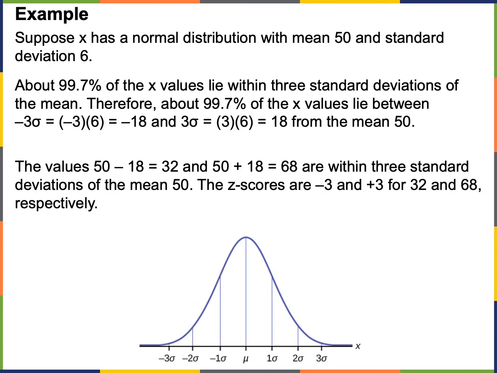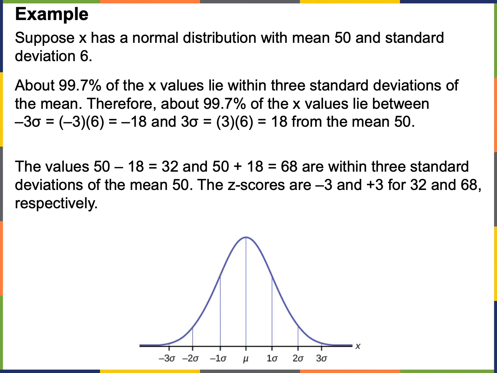So the third case, where you have 99.7%, you just do 3 times the standard deviation, which is 18, add and subtract it to the mean. So then your upper value is going to be 68, and that's going to be over here, 68.